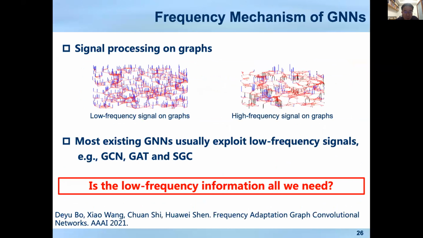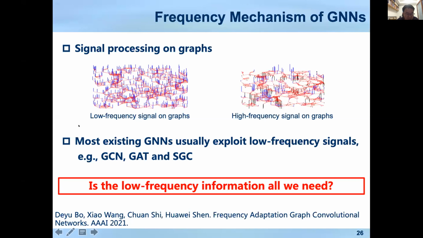Finally, I will introduce the work on the frequency mechanism. We know that the node feature and the labels can be seen as signals on the graph, and the GNN can be considered as a frequency filter on graph.